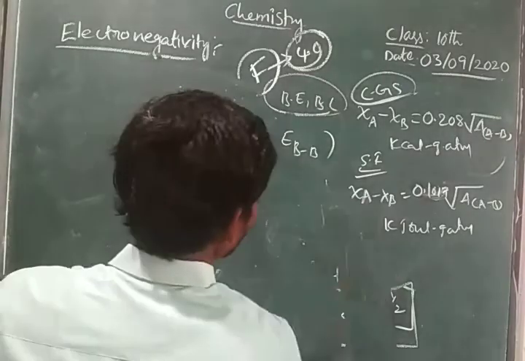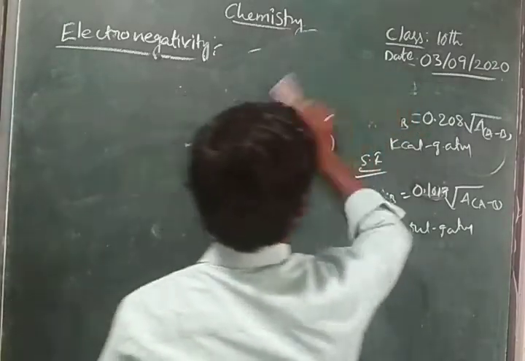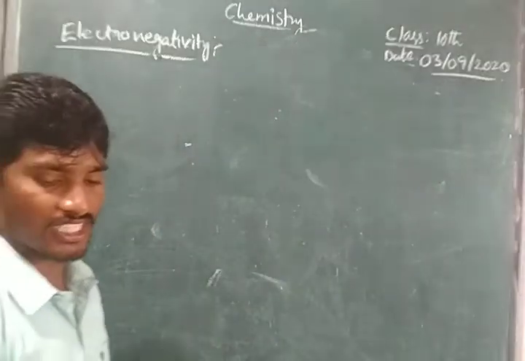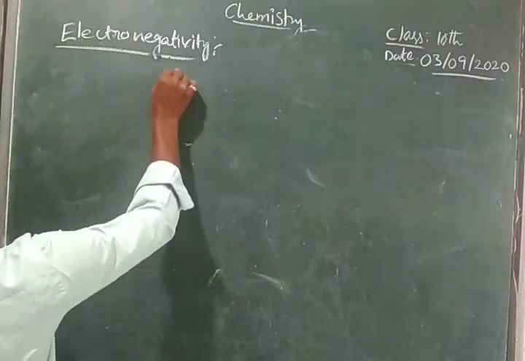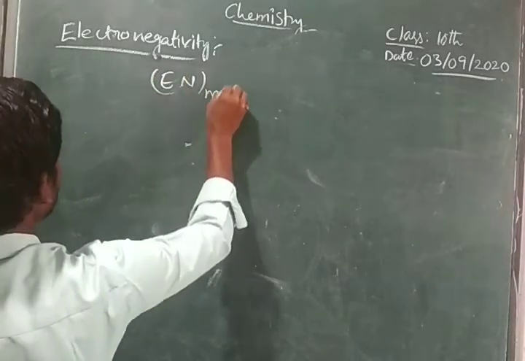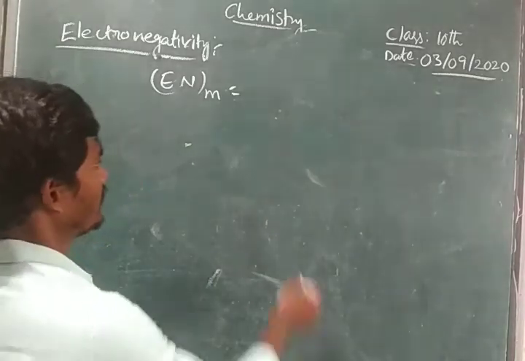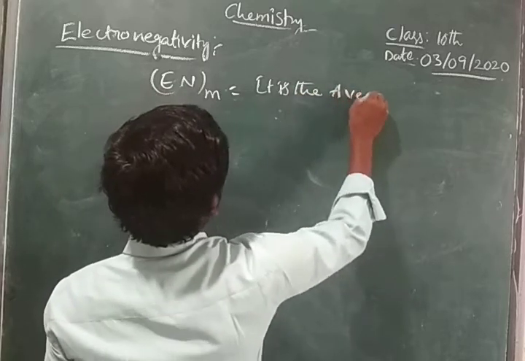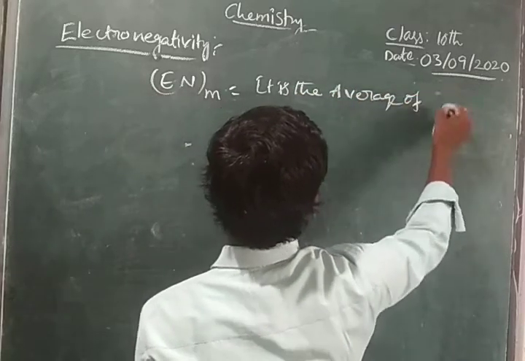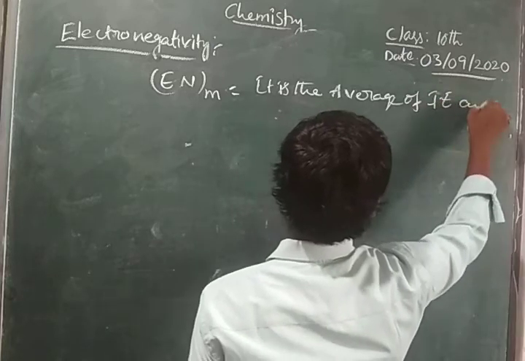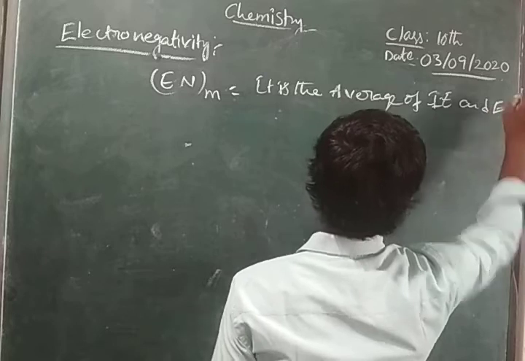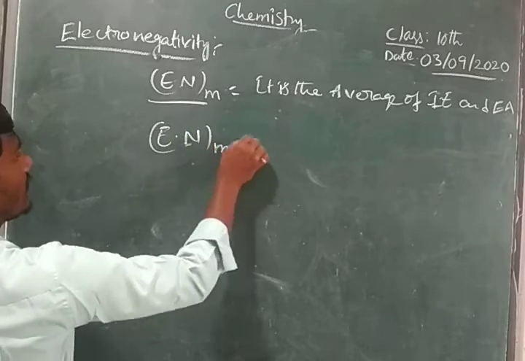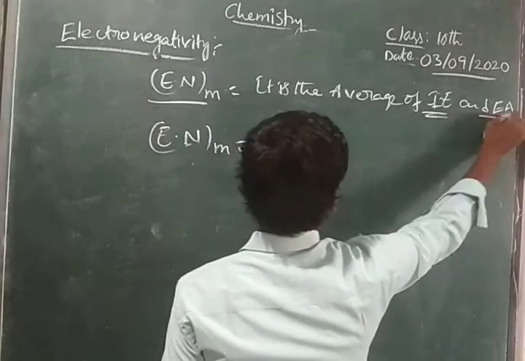Millikan took two periodic properties, which we already discussed in the last classes. Electronegativity on the Millikan scale is the average of ionization energy and electron affinity.